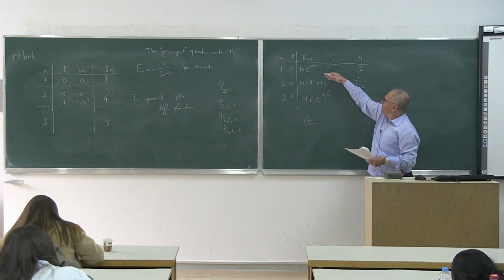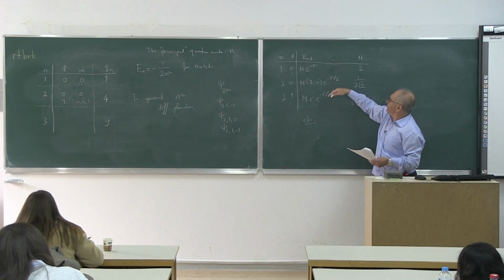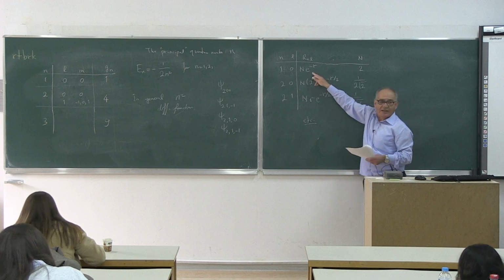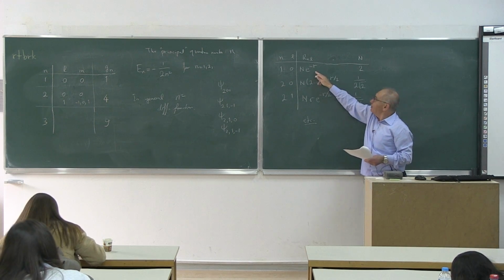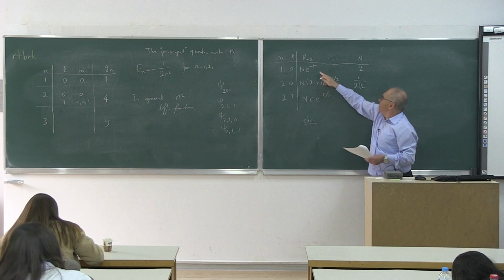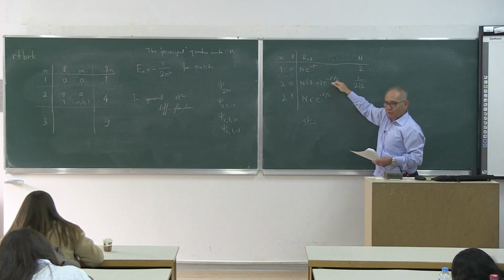From these 3 examples for the radial functions, you see that all of them contain an exponential factor, e to the minus r. Here, this is e to the minus r over 2.